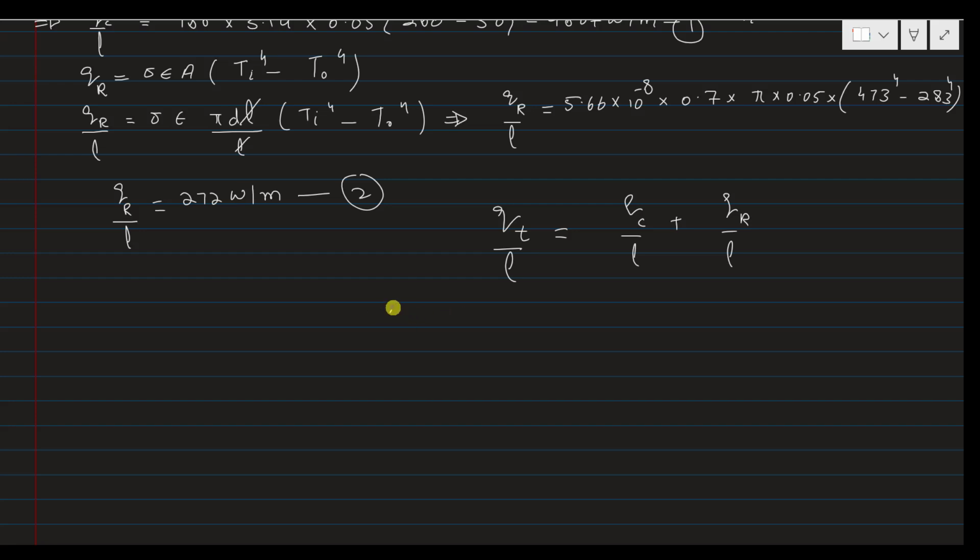So the total heat transfer per unit length is 4807 plus 272. If you add that, you will get 5079 watts per meter. This is the total heat loss per unit length that occurs through this pipe. This is our final answer.